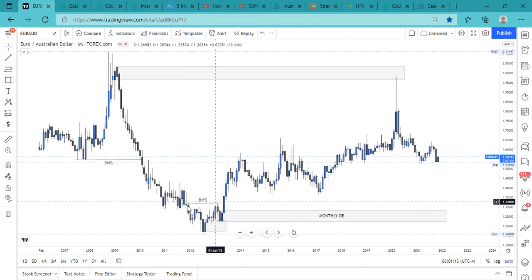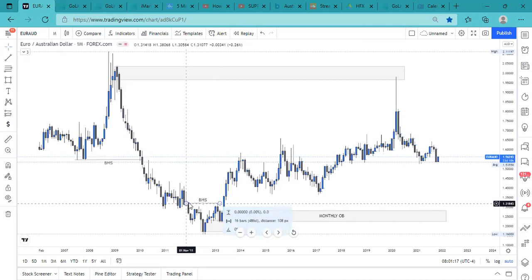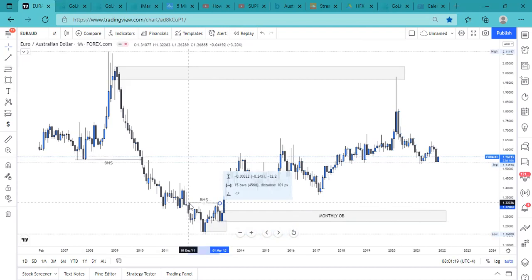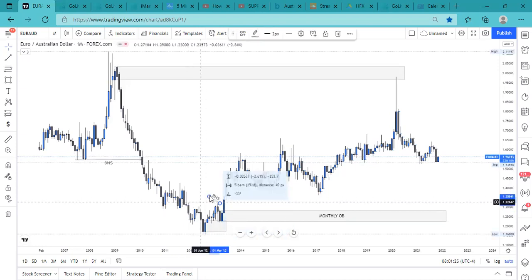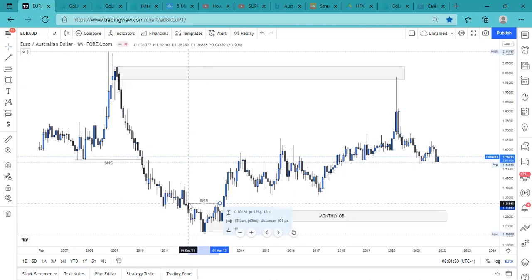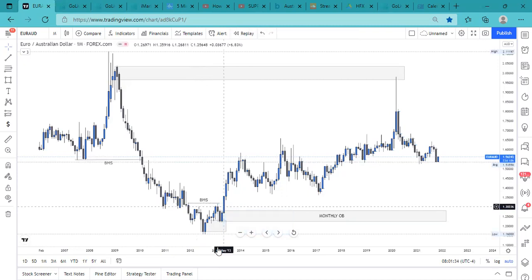This is our high. We have our sponsored move that took out the high. Look at the sponsored move that took out this old high we have here.